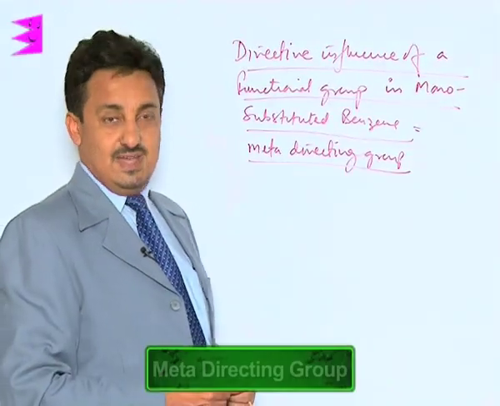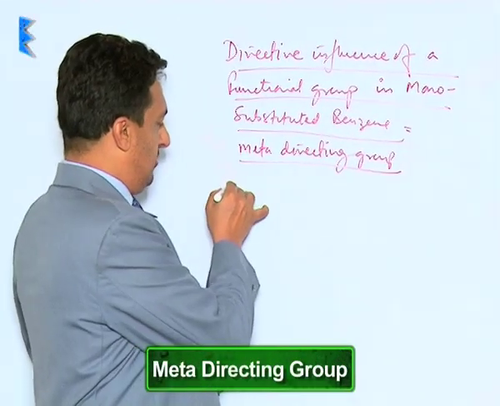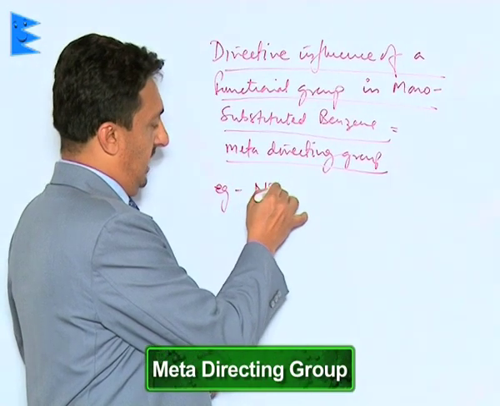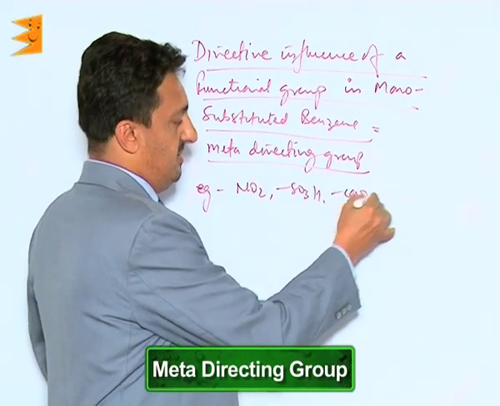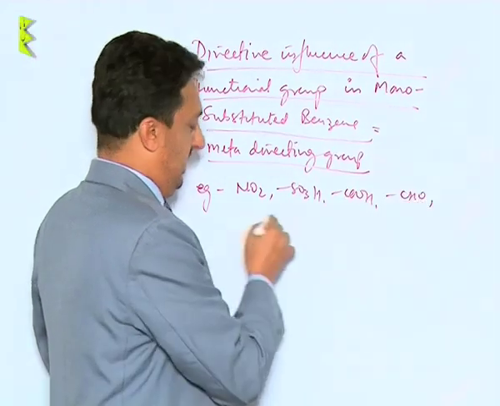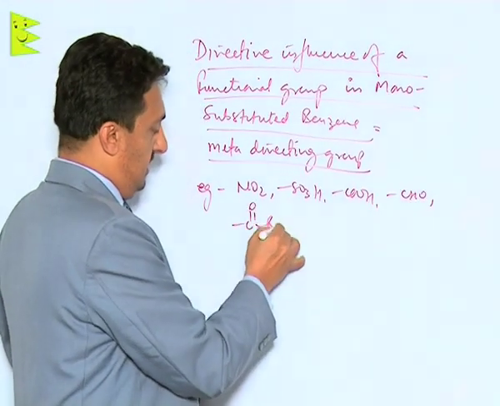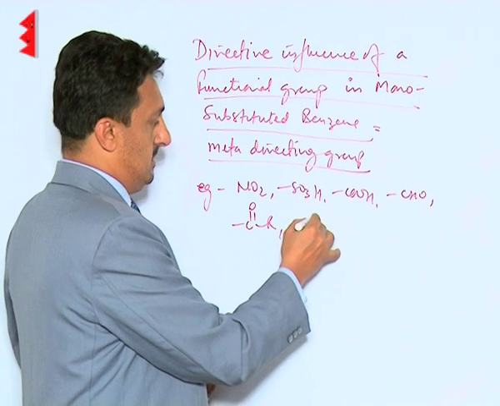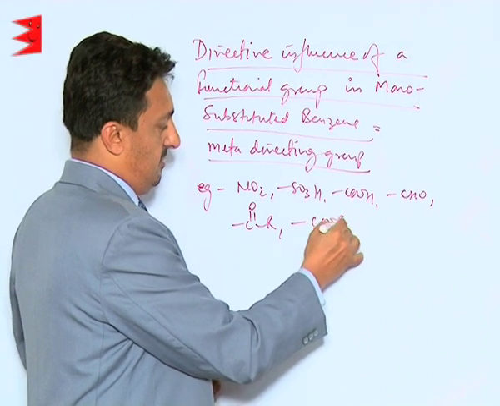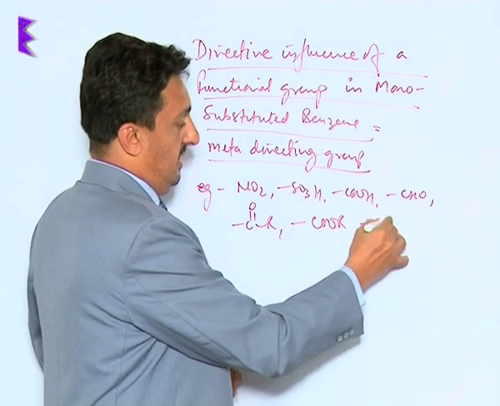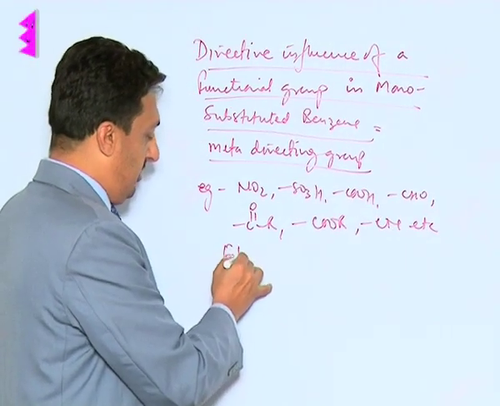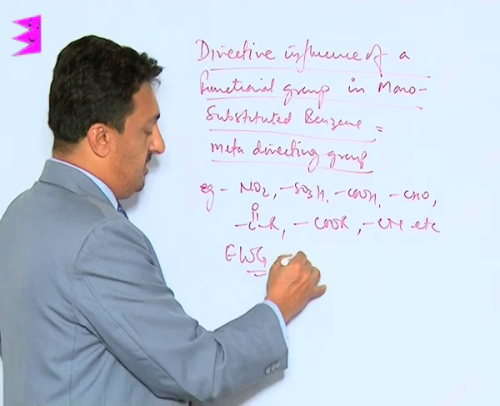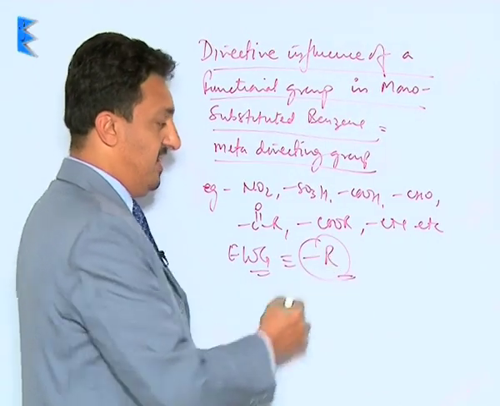Now let us see the meta directing groups. The meta directing groups include nitro group, sulfonic acid group, carboxylic acid group, aldehyde group, ketone group, ester group, cyanide group, etc. All these groups are also called electron withdrawing groups. They show -R effect.